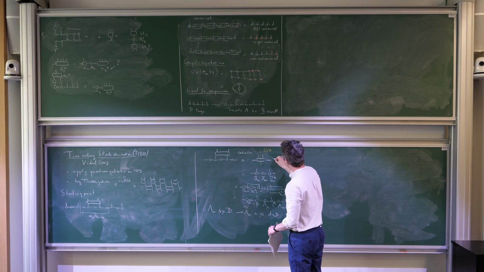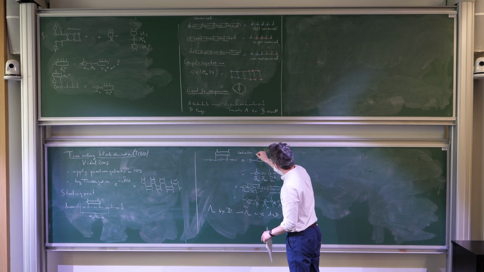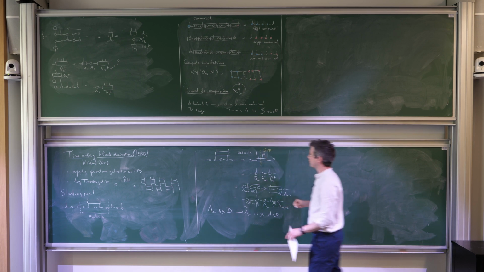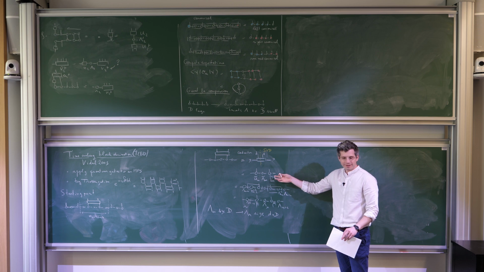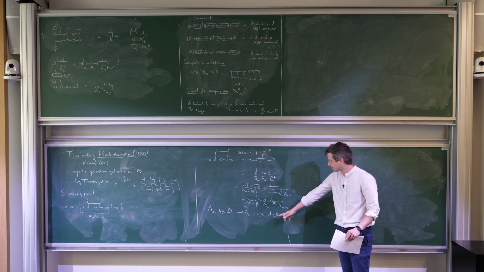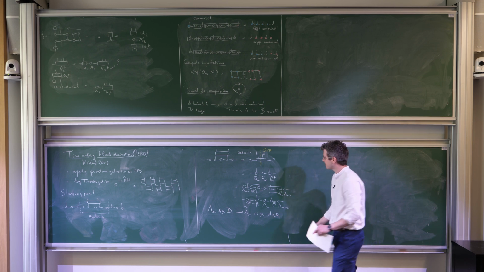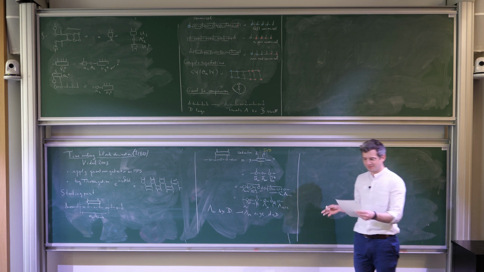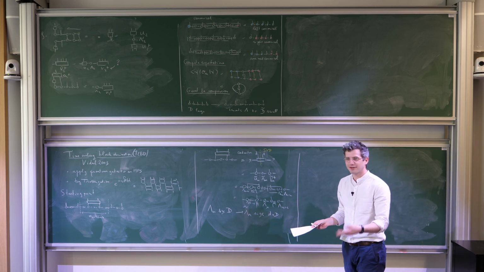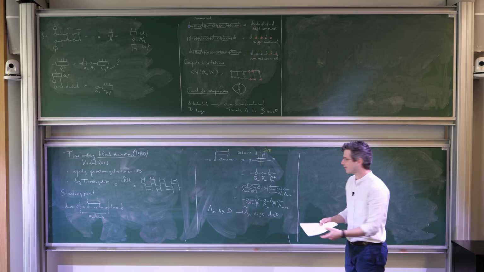Because here these legs have dimension d, d, and small d here. So by applying this gate, I increased the bond dimension. I multiply it by a factor that is the physical dimension. So TBD like this without truncation is unsustainable. That would again grow exponentially.